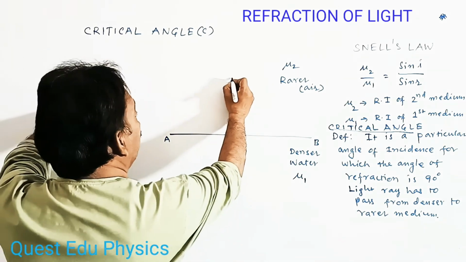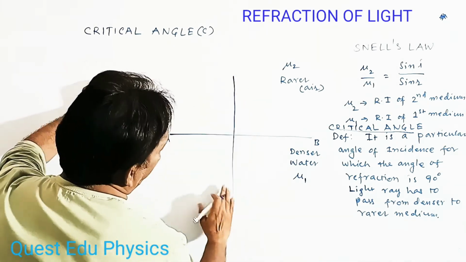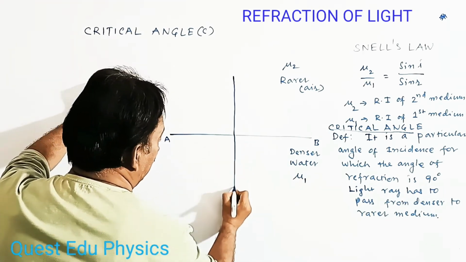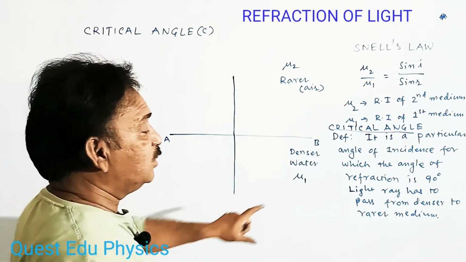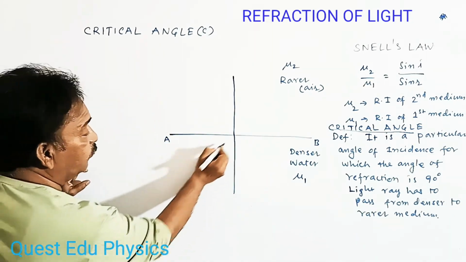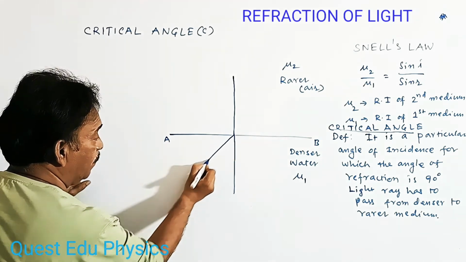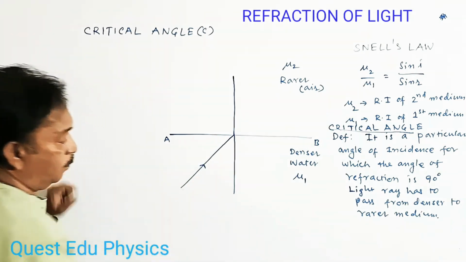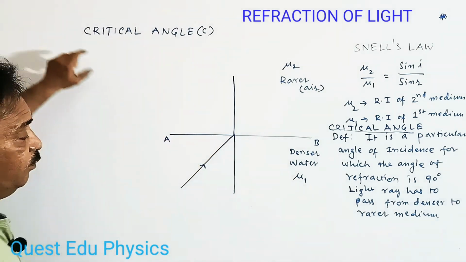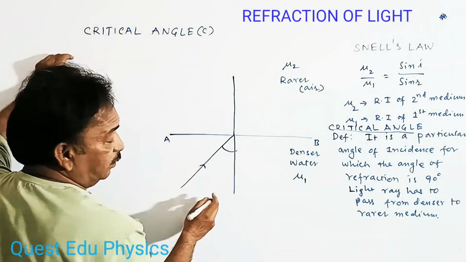I'm dropping a normal here. As I said earlier, the definition tells us that the light has to pass from denser to rarer medium. Say this is the source of the light, one ray. Here, the light ray is incident at a particular angle.